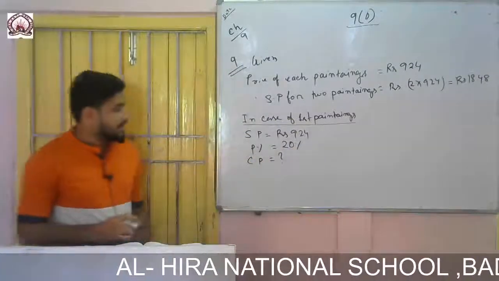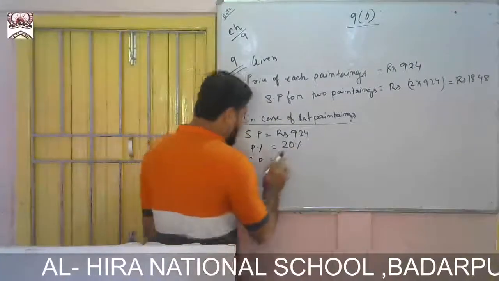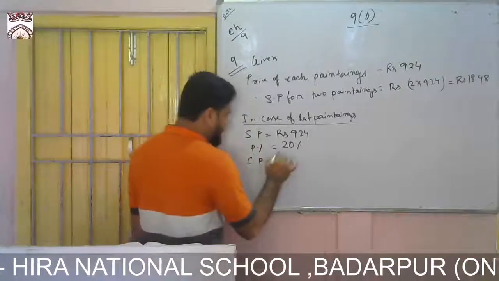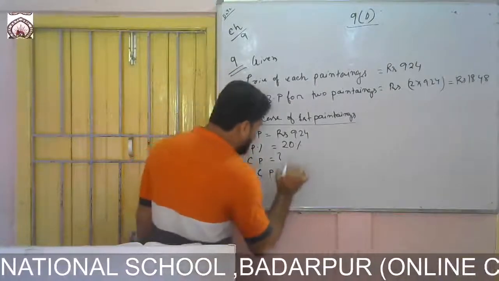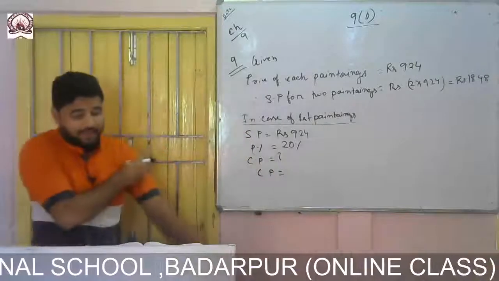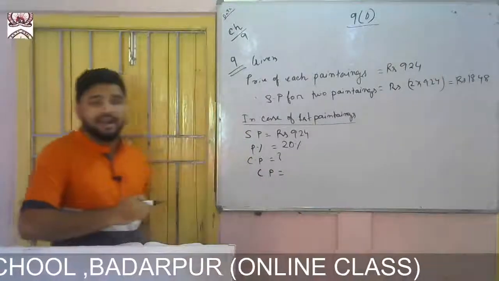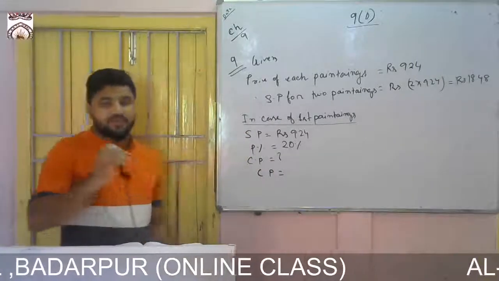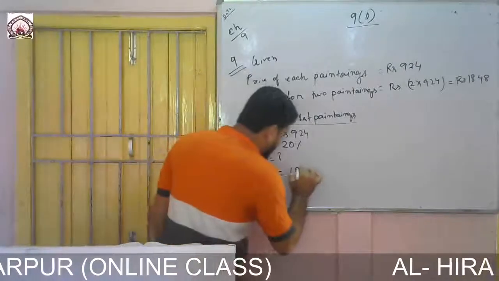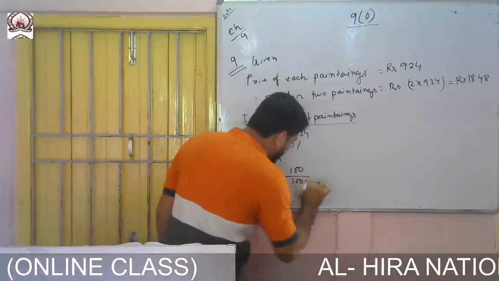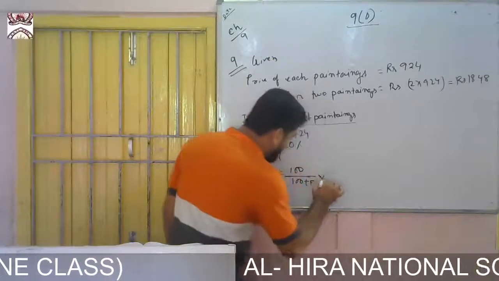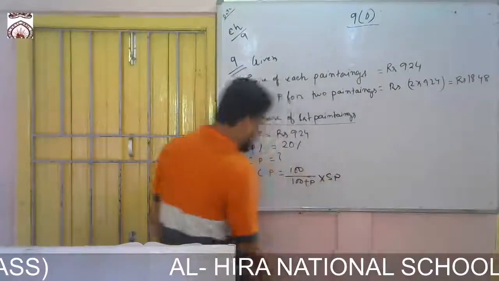Now we know CP we need to find. Therefore CP equals, we know the formula we have done earlier: 100 by 100 plus profit percentage into SP.